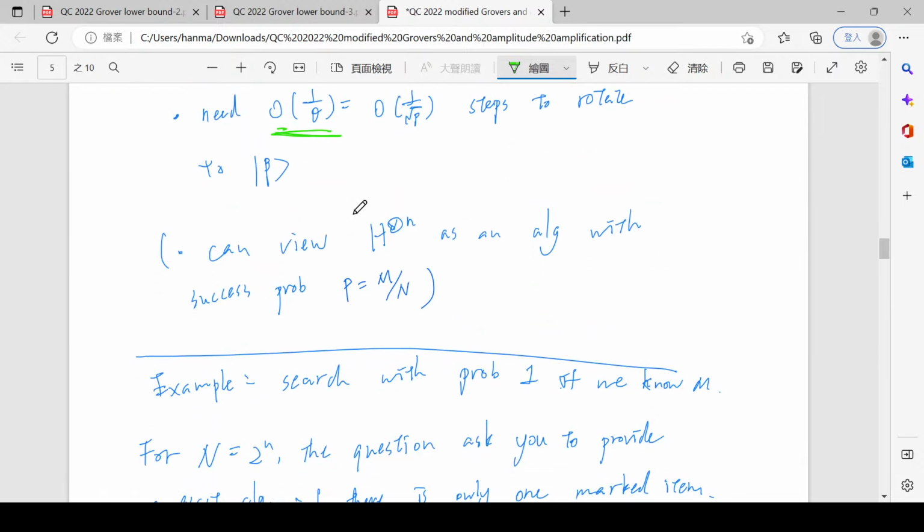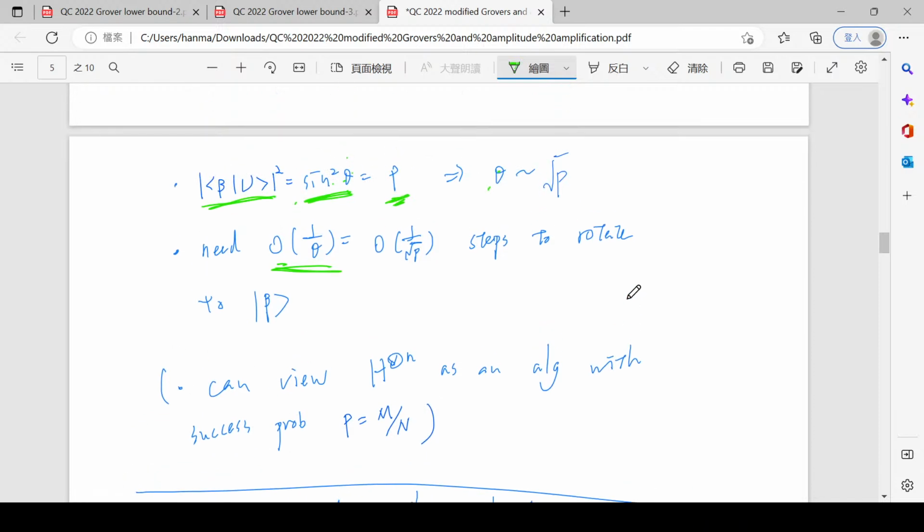And we can come back to think of Grover's algorithm as an amplitude amplification algorithm with A equal to the Hadamard to the N. If you think about this algorithm, it's basically picking a random item. And so the P will be M over N.